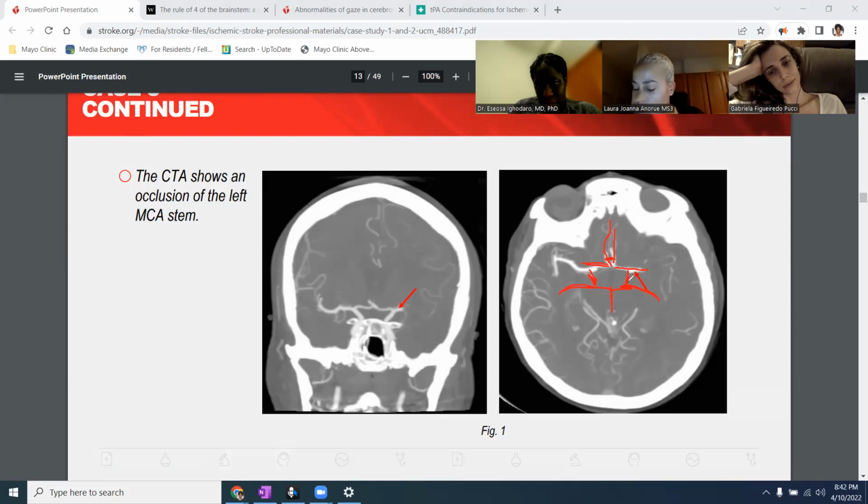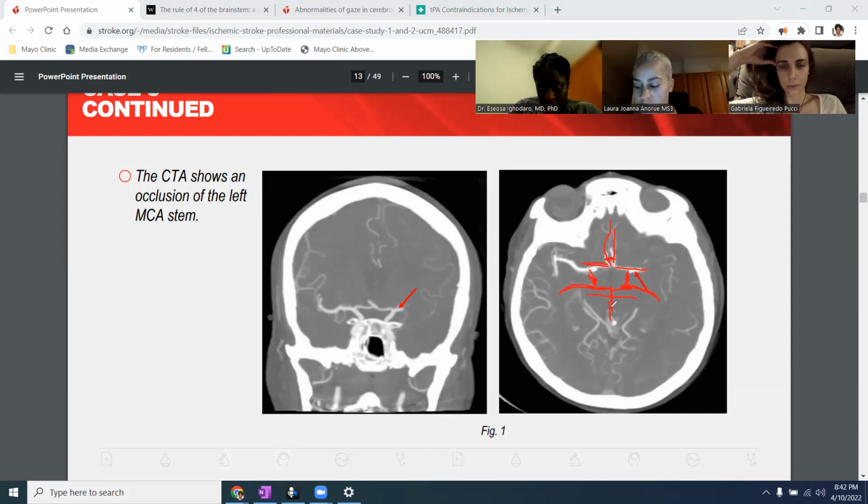So posterior communicating is here. It communicates the anterior circulation with the posterior circulation, and then we have the posterior cerebral arteries here, and coming off the basilar is going to be the superior cerebellar artery. Then we go down, and I know I'm no longer drawing this to scale.